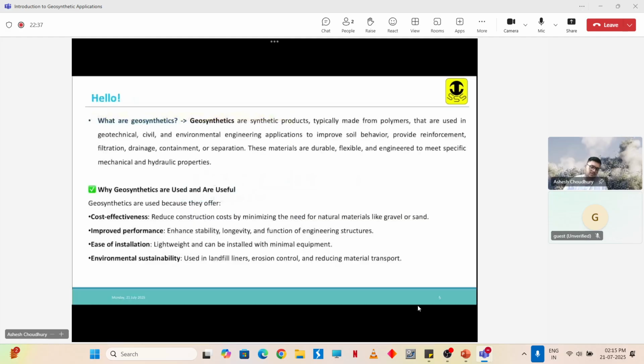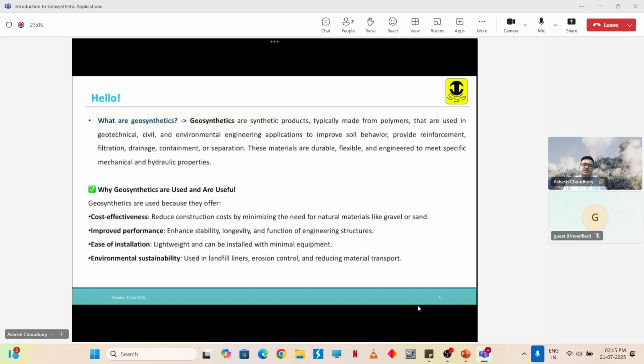I will show you how later, as we go through this course. Then we have improved performance, enhancing stability, longevity, and function of any engineering structure. Third is the ease of installation. It is lightweight and can be installed with minimum equipment, and it's also very easy to carry from one place to another.